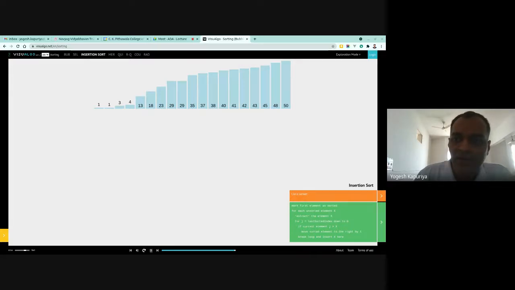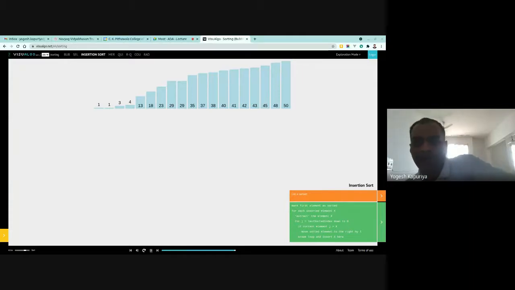So A of i is greater than key, or you have reached the initial end or the leftmost element of the array. Till you find that your element is not greater than the key or you have reached the end of the array, you will keep on moving the element to the right. You will keep on decrementing this index i. And once you have reached a position where your key can be put, you will simply insert the key element. This is how you do it.